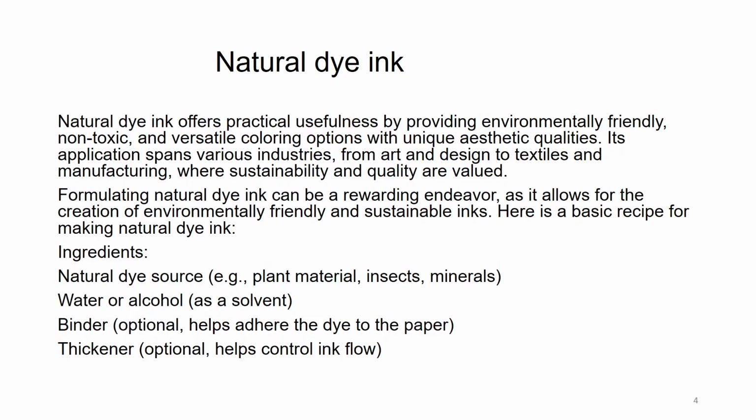Here is a basic recipe for making natural dye ink, and the ingredients are: natural dye source, which could be plant material, insect, minerals, and among plant materials it could be flower, bark, leaves, fruits, etc.; water or alcohol, which acts as a solvent; binder, which is optional, helps to adhere the dye to the paper or fabric; thickener, optional, helps to control the ink flow.